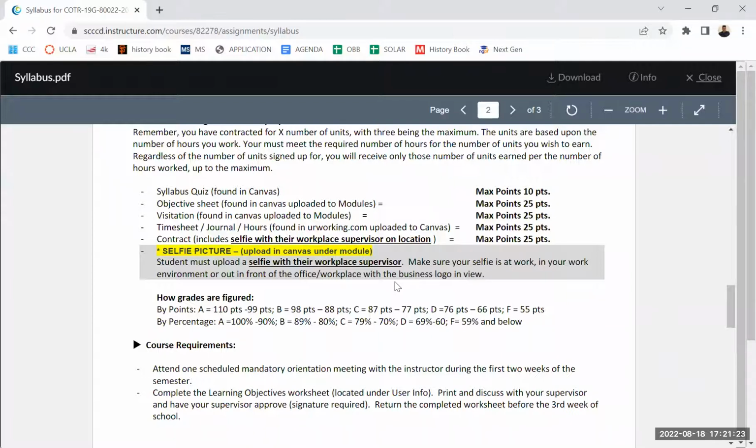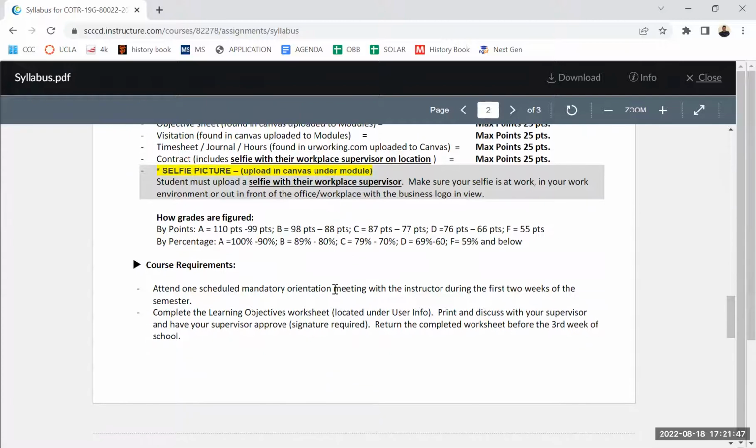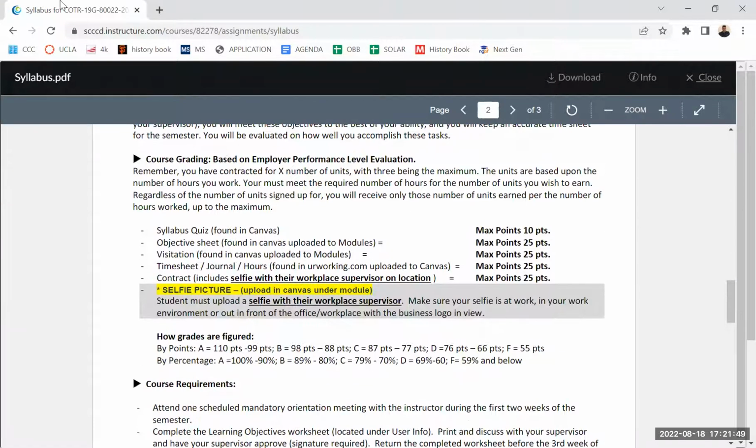And this is just further evidence. If we were to ever be audited, this is further evidence that, yes, you are who you say you are. You did work at this place. It just goes in your file. So that is a graded assignment where you upload that selfie. So don't stress out over that, but try and get it at your workplace or in front of your workplace. If you have a uniform, in your uniform would be ideal with a manager, supervisor, or somebody else.